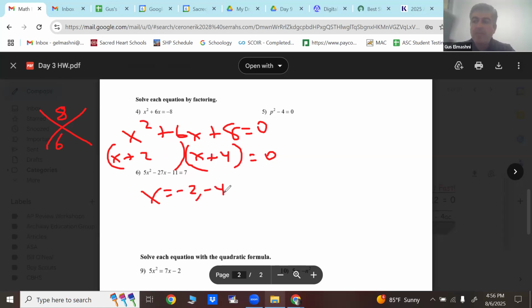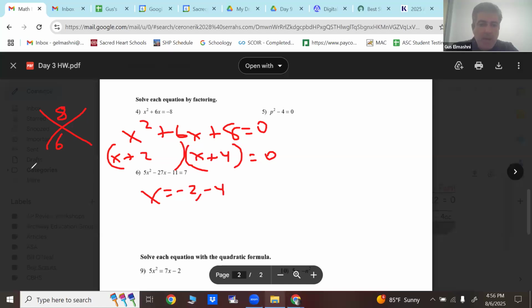So you get -2 and -4. Okay, then. So that's how you factor it.